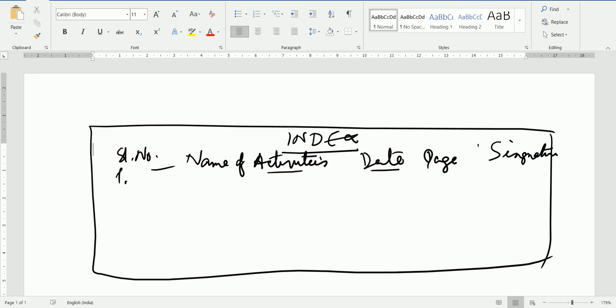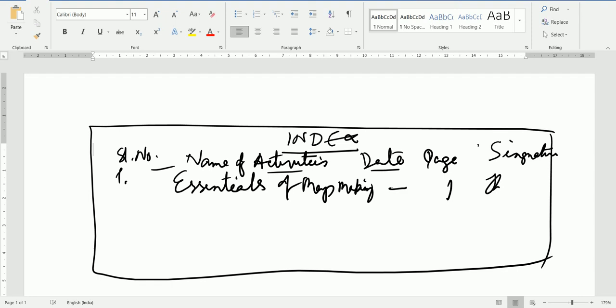Last time we discussed the essentials of map making, and after that write the date here, page number 1 for example. Then the teacher will sign here.